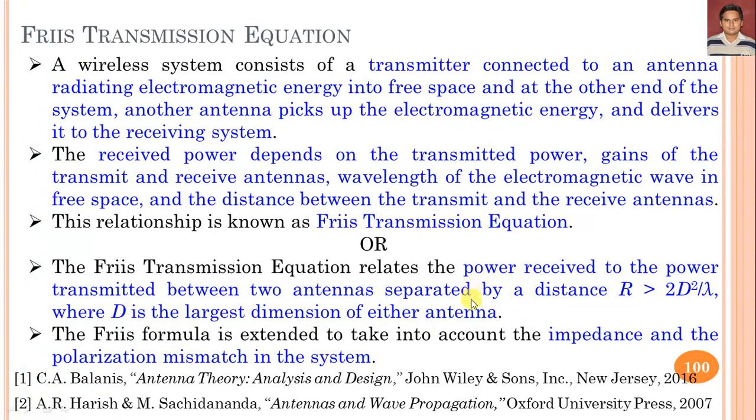Importantly, this Friis transmission equation is applicable only in the far field region, which we have studied in lecture 1 of this series, where we studied the different types of regions. In the far field region the important condition is r greater than 2D square by lambda.